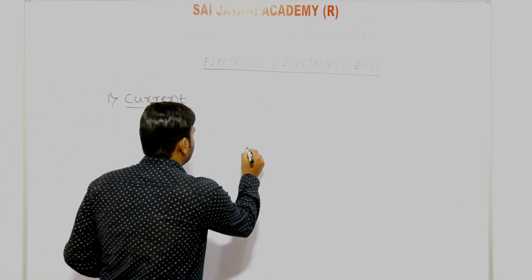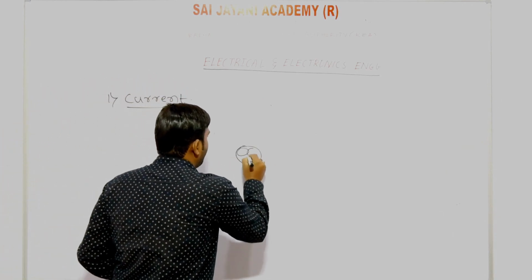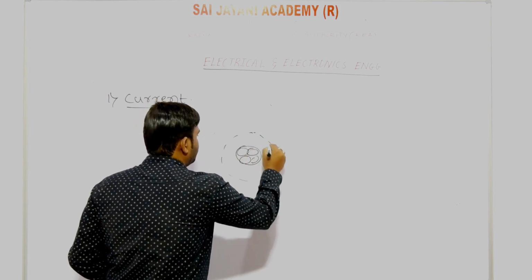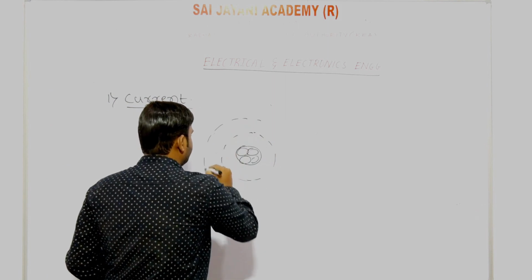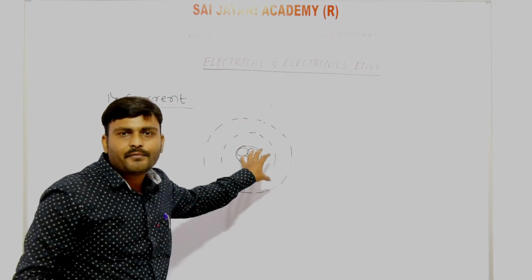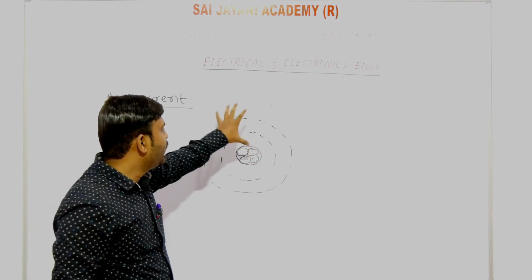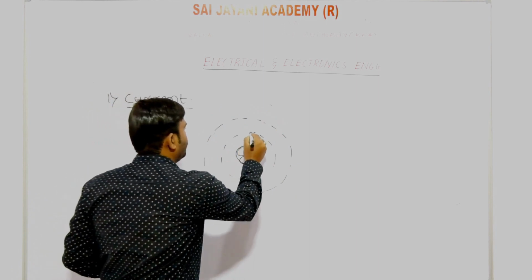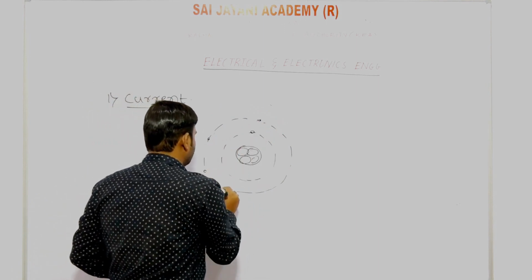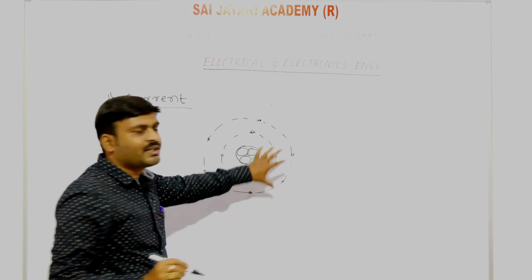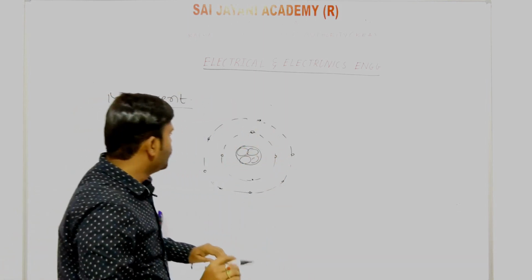So this is the nucleus. The central part of an atom is the nucleus, and electrons will be spinning around the nucleus. So these are the electrons.